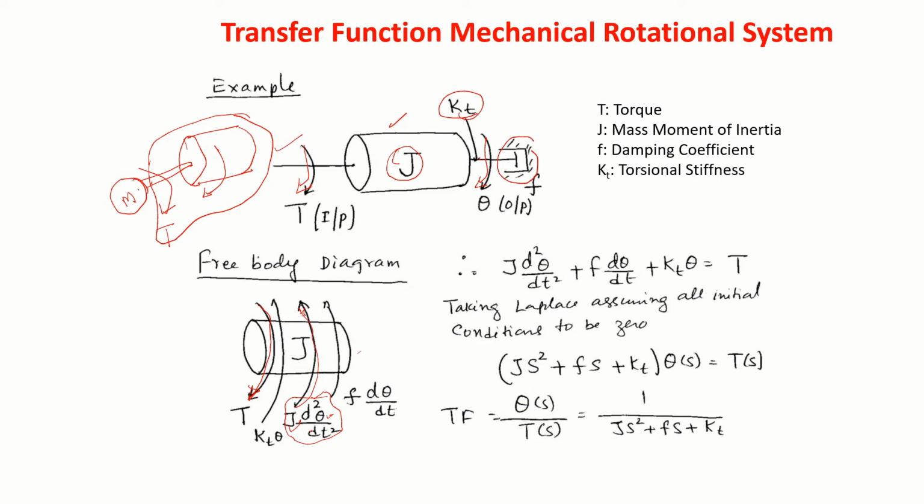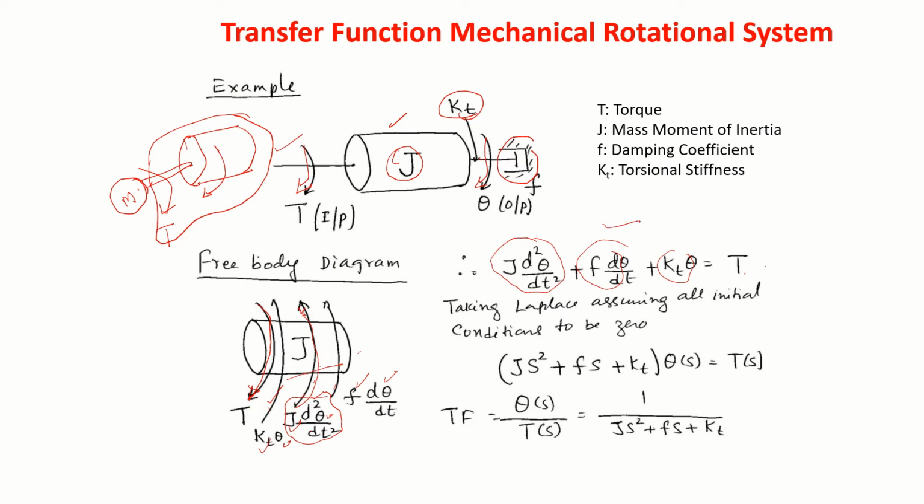Similarly, the damping force is damping coefficient into angular velocity. Similarly, the resistance due to torsional stiffness is KT into theta. These three are the forces which are opposing its motion. So I write J d square theta by dt square plus F d theta by dt plus KT theta is equal to T. Correct? Applied force.